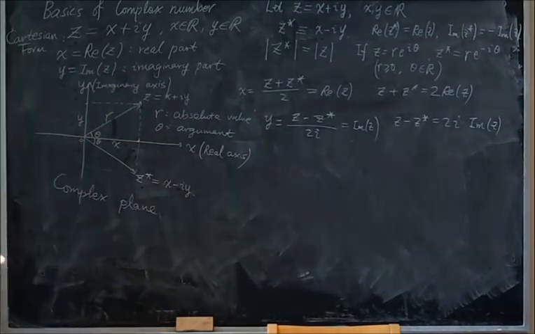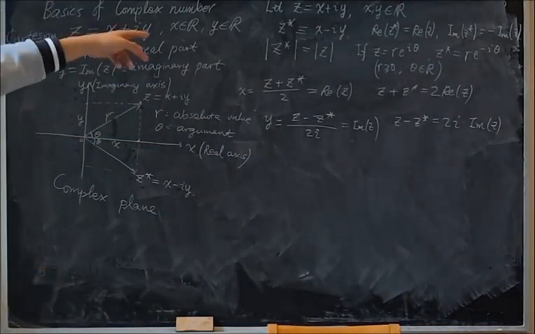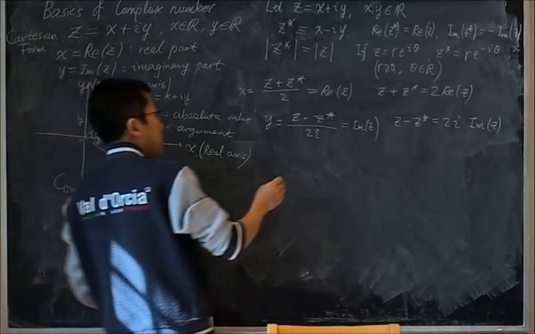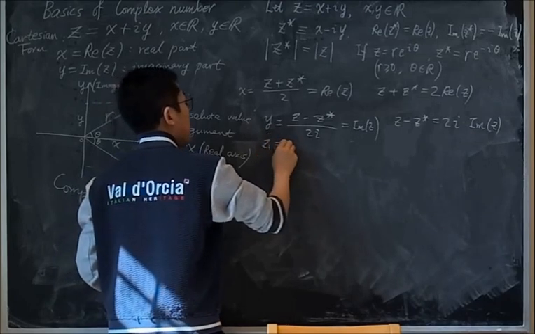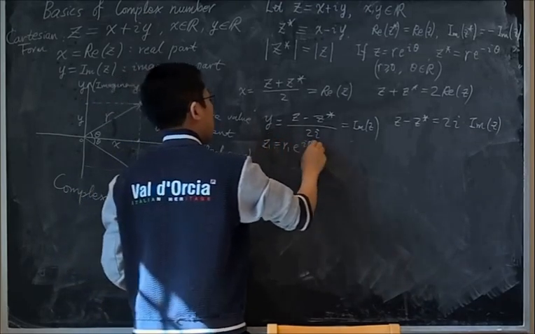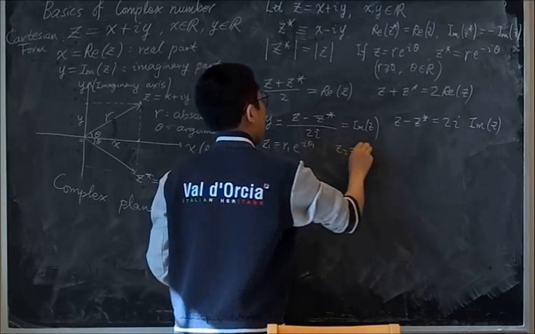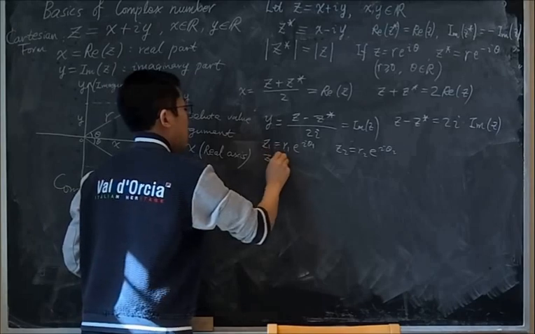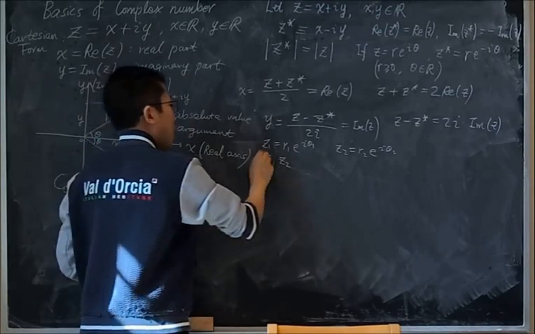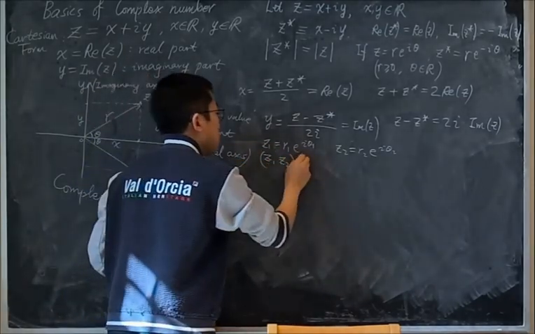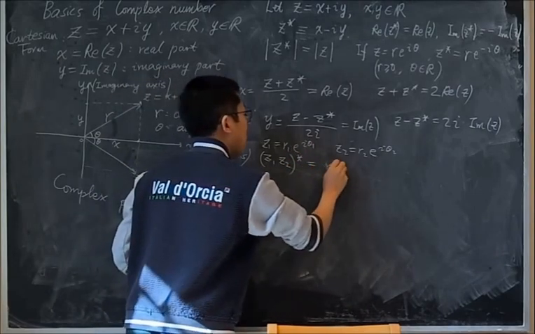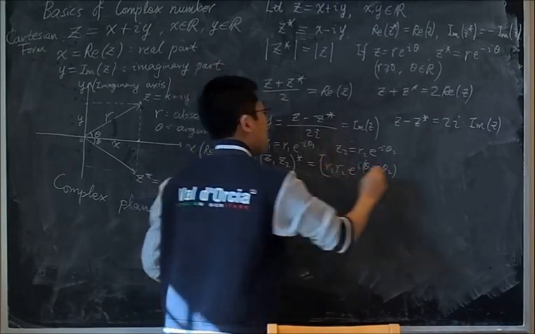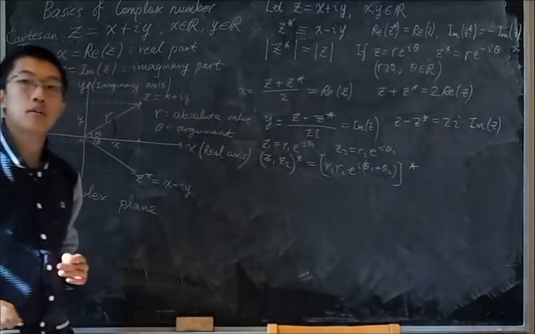Finally, let's look at the polar form. Think about it. If z1 is r1 e to the i theta 1, and z2 is r2 times e to the i theta 2, then z1 z2, if I want to take this complex conjugate, that is just r1 r2 e to the i theta 1 plus theta 2, this whole thing conjugate, right?